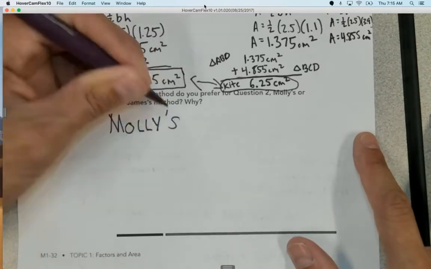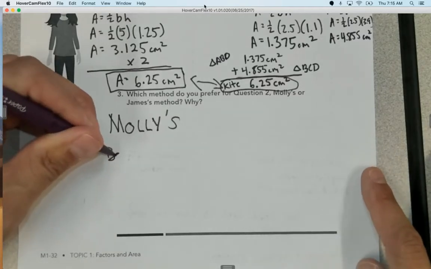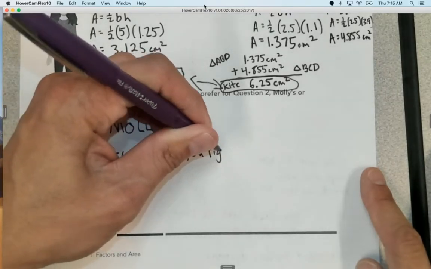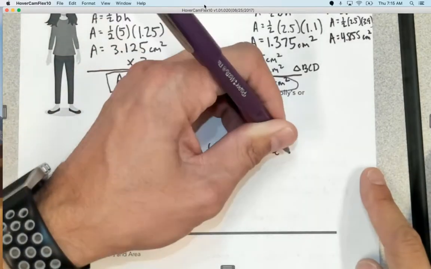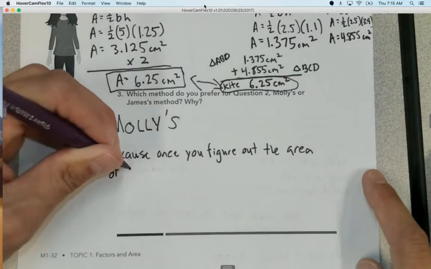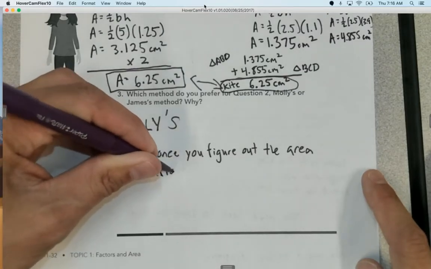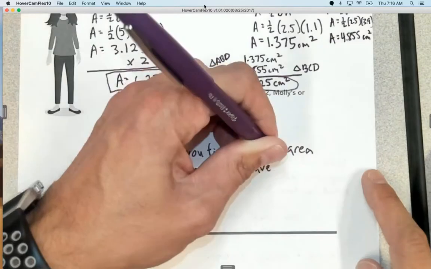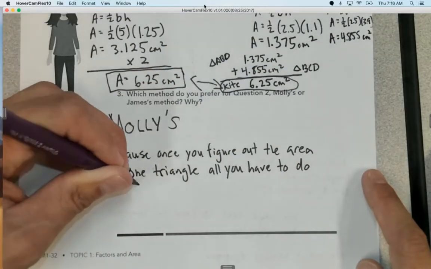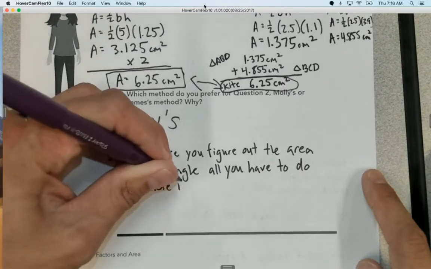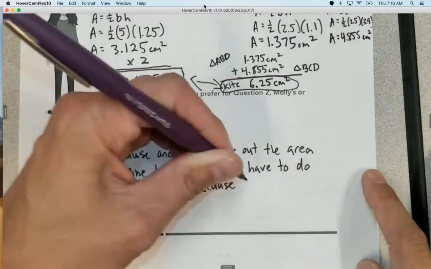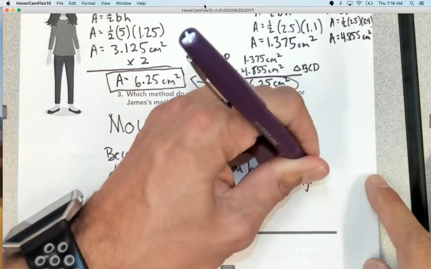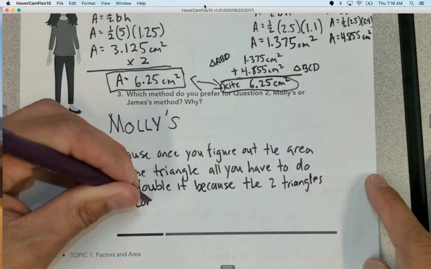Molly's method. Why? Because once you figure out the area of one triangle, all you have to do is double it, because the two triangles are congruent.